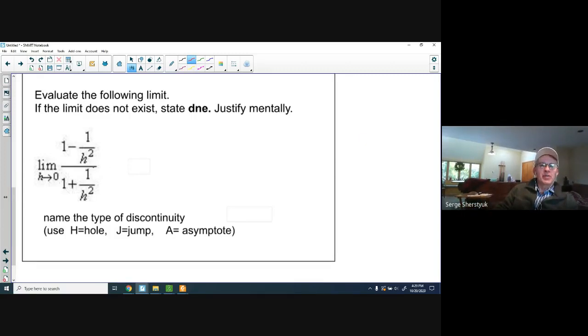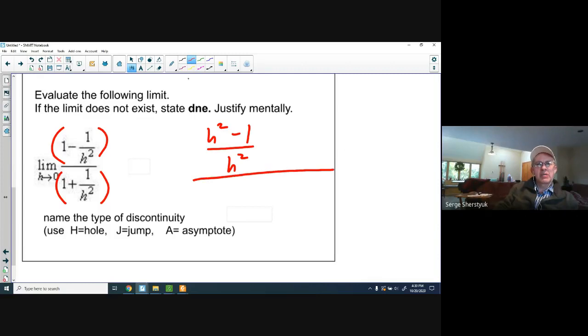All right, I won't. So here's the numerator. Here's the denominator. Let's get the common denominator in the numerator. So this really becomes h squared minus 1 divided by h squared. Hopefully you can see that. And here's my denominator. I'm going to use a different color.